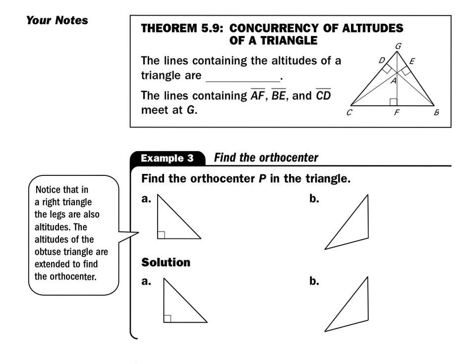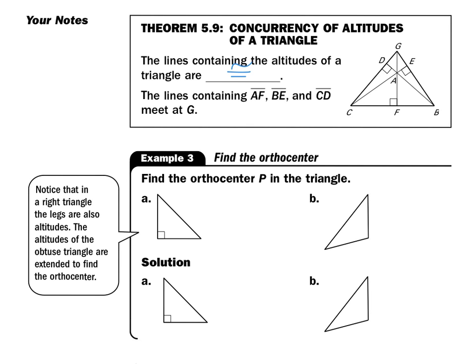Here's another theorem, and this time it's about concurrency of altitudes. Remember, an altitude is the segment from one vertex that goes straight down to the opposite side and is perpendicular to it. That's our altitude, right? So this theorem says the lines containing the altitudes of a triangle are concurrent.